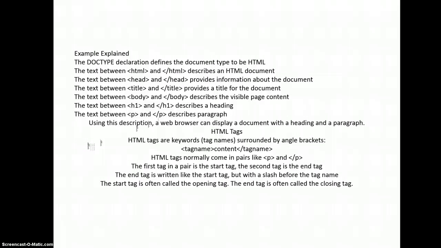The text between the head bracket and slash head provides information about the document. Notice that when you're ending the coding, you put a bracket and then a slash and then the name of whatever the coding is you're doing. The head is the top of the page.